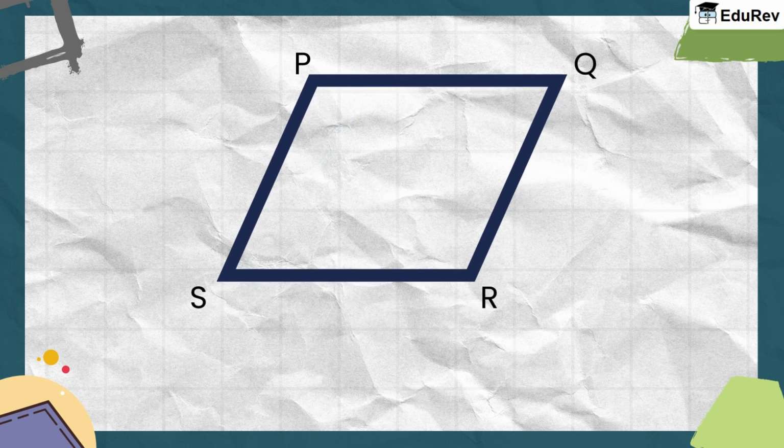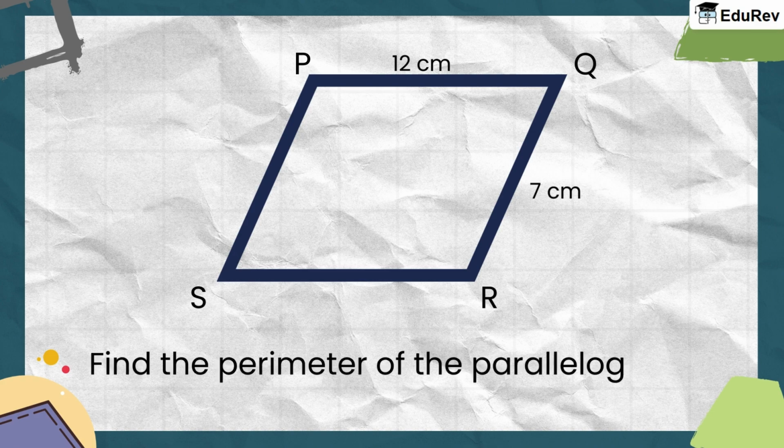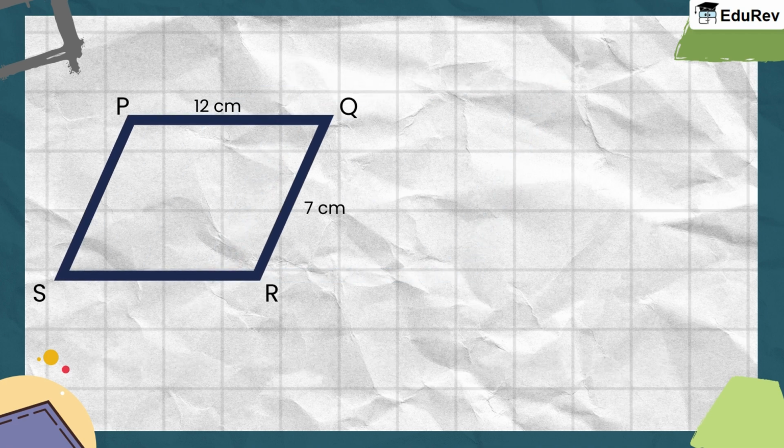Let's try a question. Given the parallelogram PQRS, with PQ equal to 12 centimeters and QR equal to 7 centimeters. Find the perimeter of the parallelogram. I hope you tried the question on your own. So, to find out the perimeter of the parallelogram, we need the lengths of all the sides.